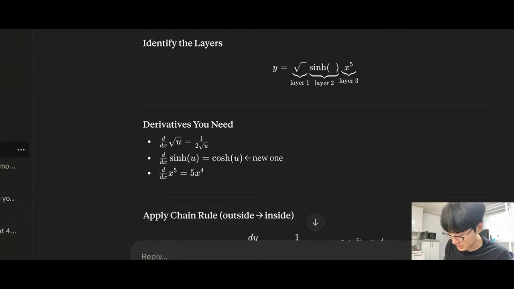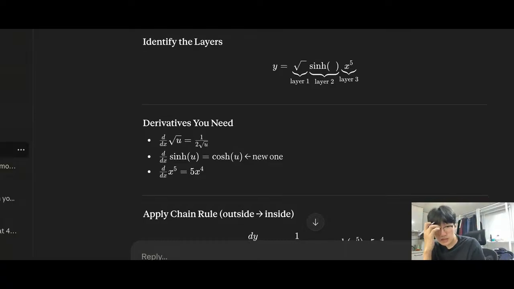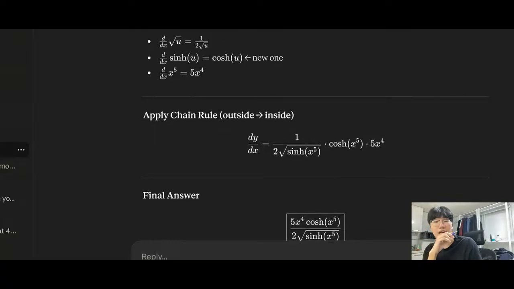And you take the derivative of sinh u, you get cosh u. And the derivative of x to the power 5 is classic, 5x to the power 4. So apply the chain rule from outside to inside.